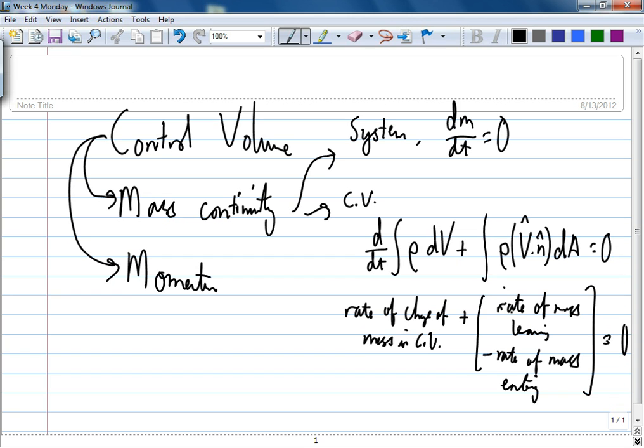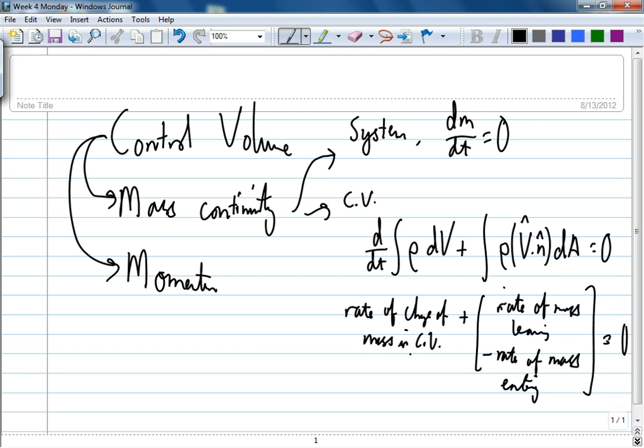In other words, if the rate of mass leaving is positive, then the change in the control volume should be negative, and the positive balances out with the negative to give you 0. If your mass is leaving, then your control volume is getting lighter. If mass is entering, the entering term has some value, so positive minus this one gives you 0.